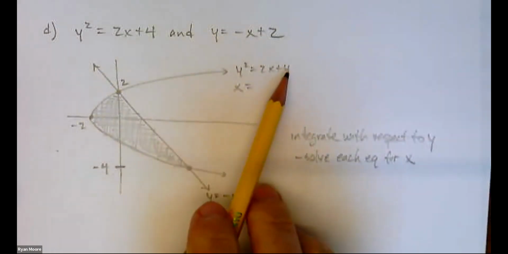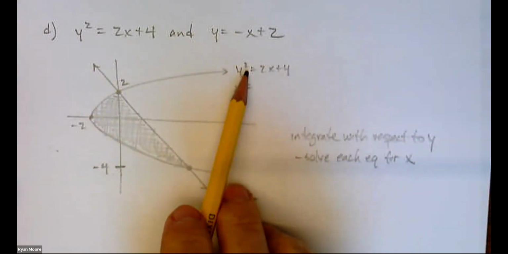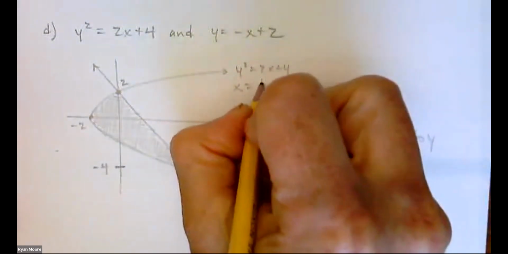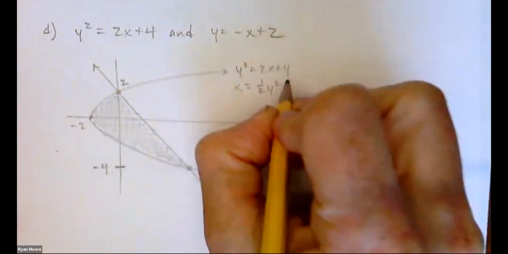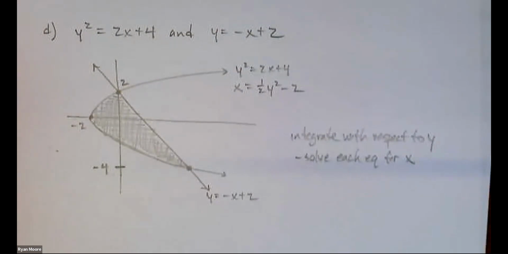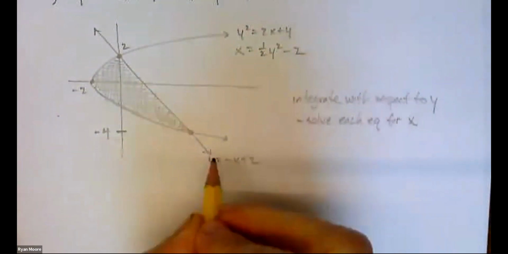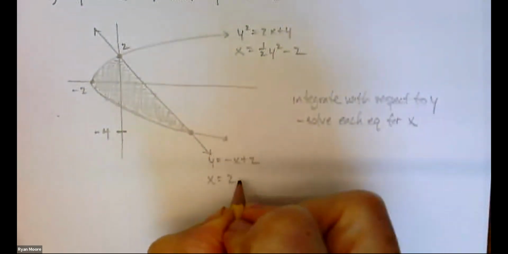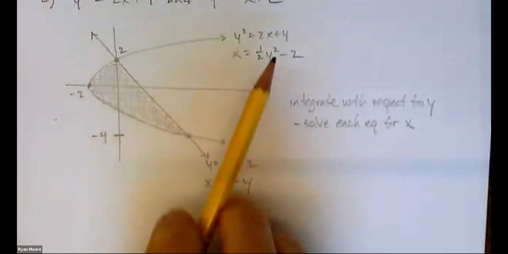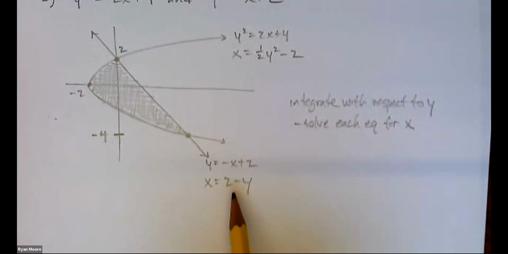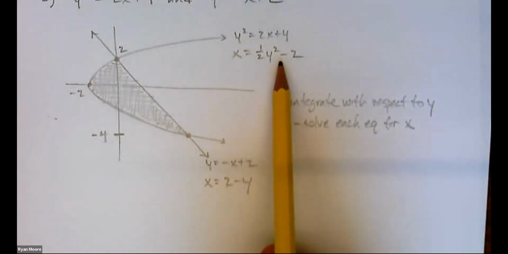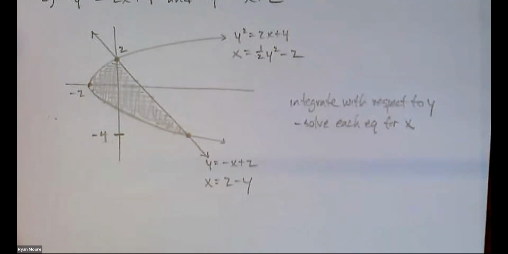If we solve for x, subtract 4, divide by 2, it'd be 1/2 y squared minus 2. And here, if we solve for x, add x, subtract y, 2 minus y. So it's the same functions, just rethought. Now they're both functions, but they're functions of y instead of functions of x.